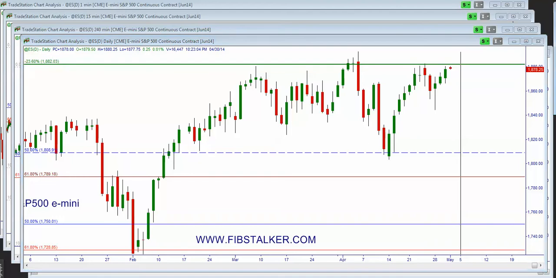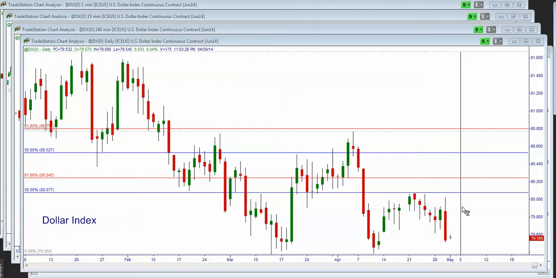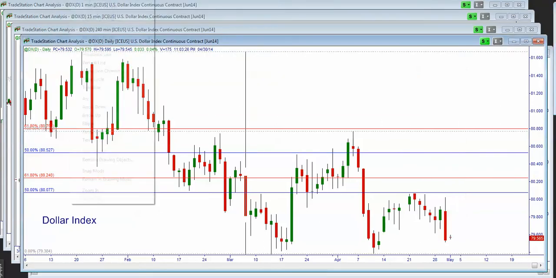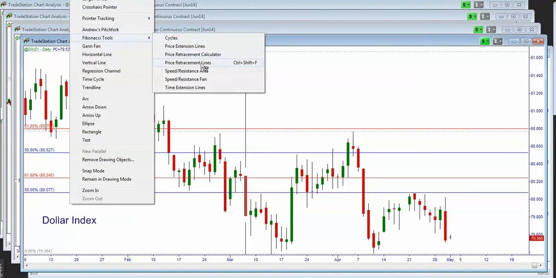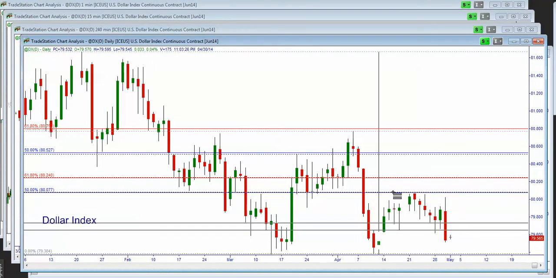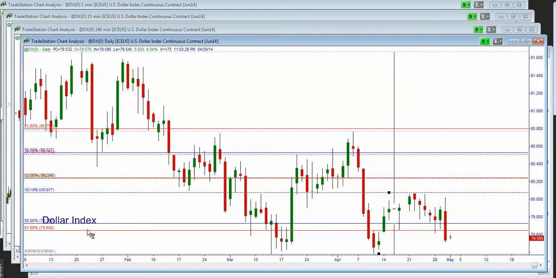Moving to the dollar index, nothing new here. This is very similar to the euro dollar upside down, so I'm not going to comment on this. What we saw here, we saw a retest of this level and a break again, a break of the 79.64.